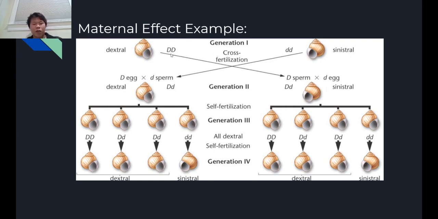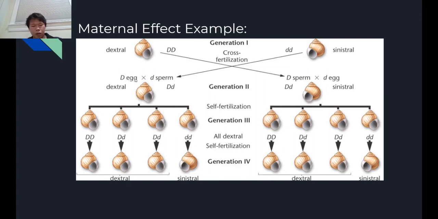So what happens is we have a homozygous dextral and a homozygous sinistral, and we cross-fertilize these two, so now they're the same. But if we take a look, the mother provides the egg, so the maternal effect we see here, even if these two snails have the same genotype, their phenotype is actually different depending on what the mother had.